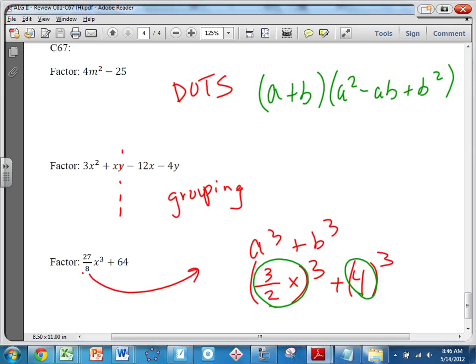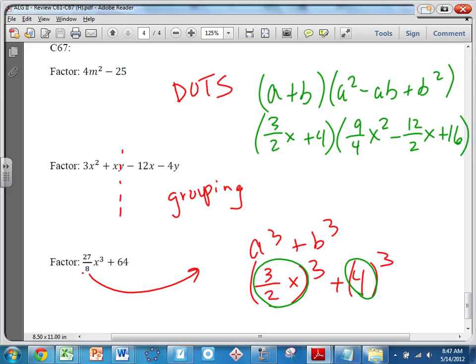Okay? So I go ahead and I plug in. This is going to be 3/2 x plus 4. This is going to be 9/4 x squared minus 12/2 x plus 16. Let me just write this in steps because I'm skipping steps and I feel like that might confuse people.